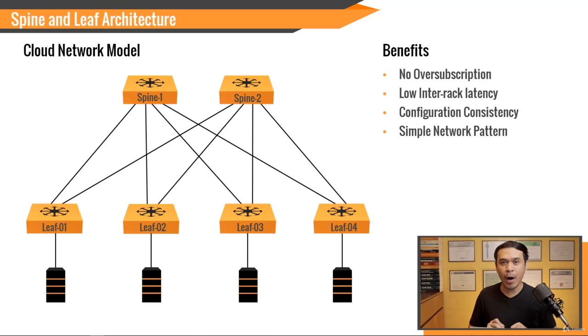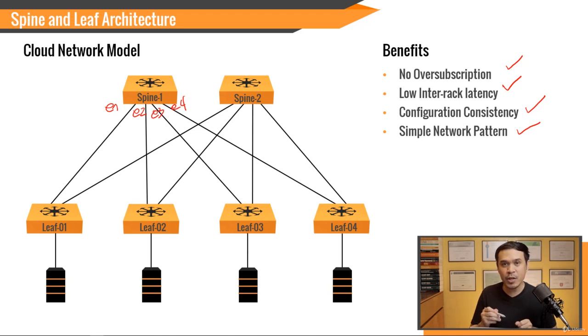Other benefits of our cloud network architecture, or spine and leaf: no oversubscription, low inter-rack latency, configuration consistency, and a simple network pattern. So if our leaves connect to these two spines, we can see that spine 1 connects to leaf 1 via E1, spine 1 connects to leaf 2 via E2, and E3 and E4 connect to leaf 3 and 4.